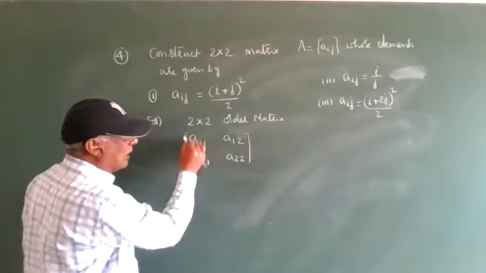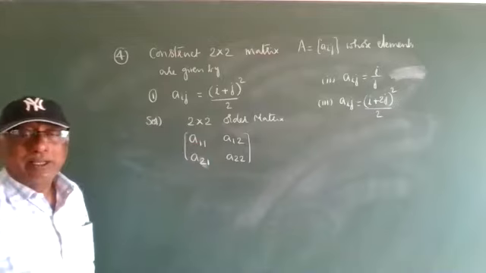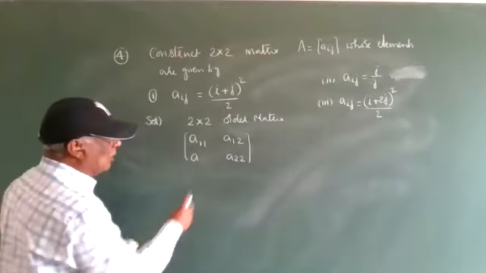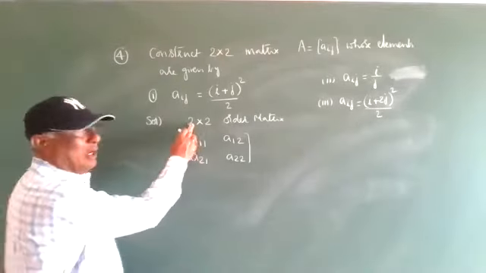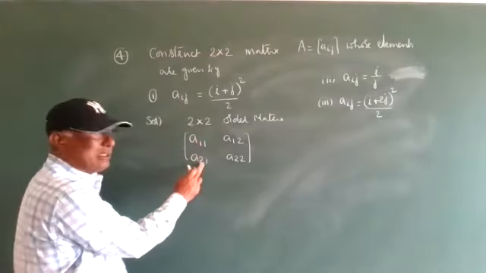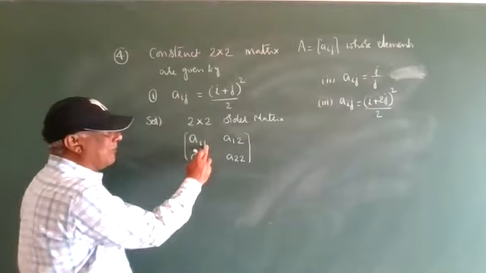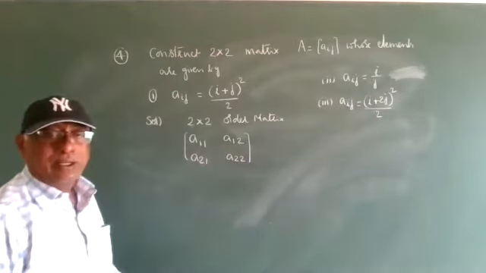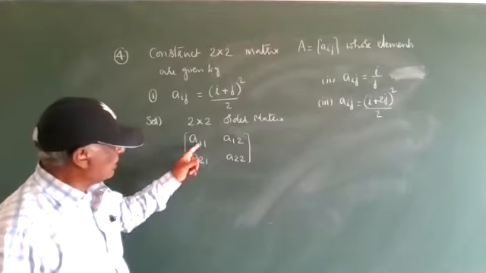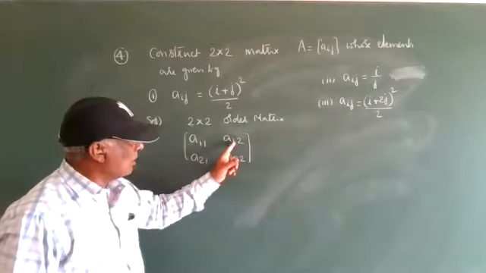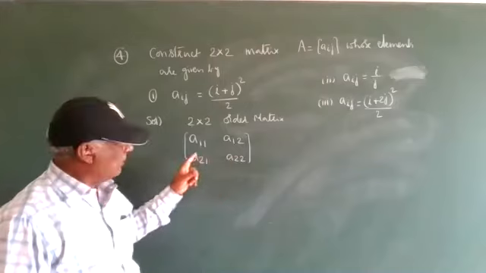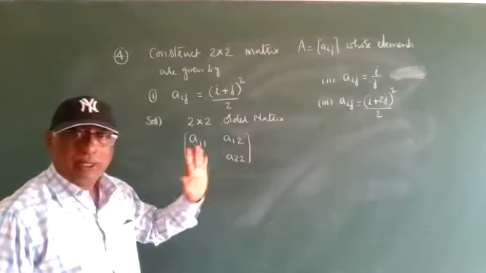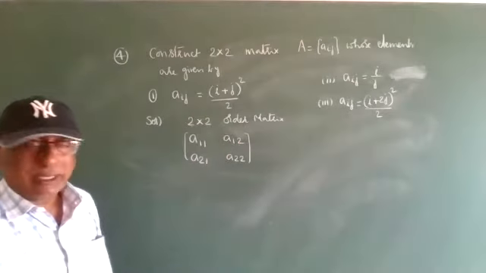How many rows and columns are here? 2 rows and 2 columns: first row, second row, first column, second column. Clear?